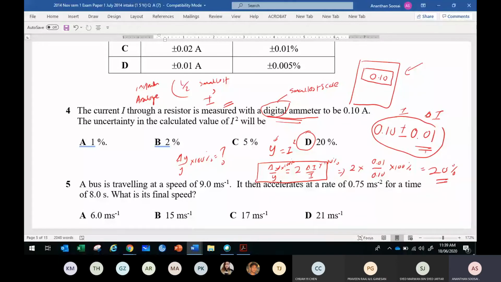You just put plus minus the smallest scale. Let's say you have another digital scale that displays 0.105. The reading is 0.105 plus minus 0.001. The smallest scale is the uncertainty. Any other questions?